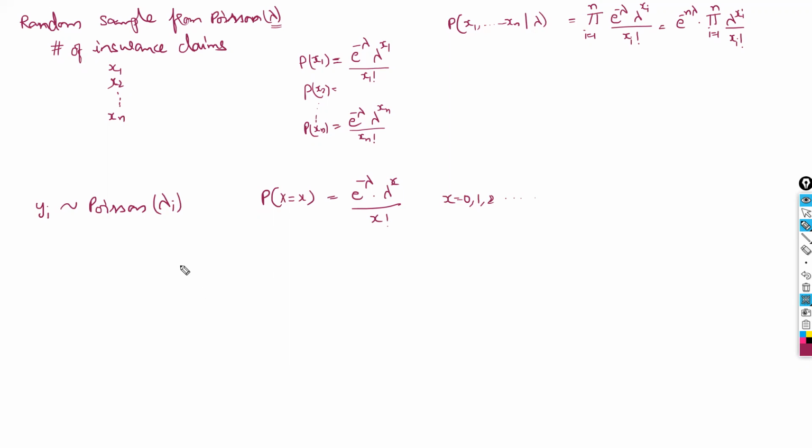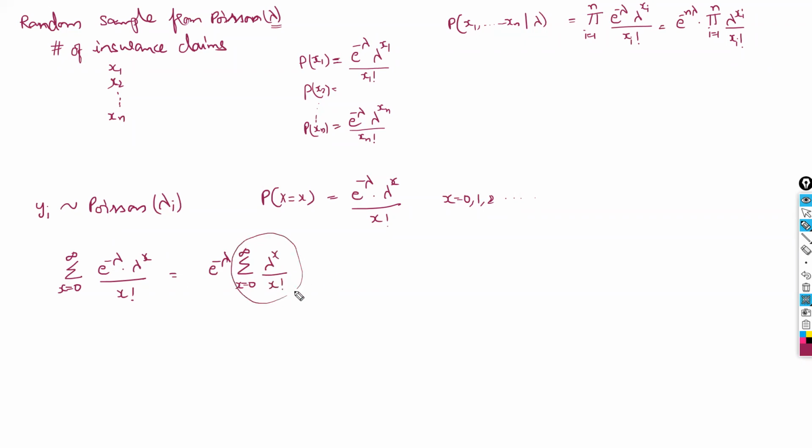If you were to add all the probabilities, you get the summation from x equal to 0 until infinity of e raised to the power minus lambda into lambda raised to the power x by x factorial. If you bring this out, you get e raised to the power minus lambda, then the summation of x equal to 0 to infinity of lambda raised to the power x by x factorial.